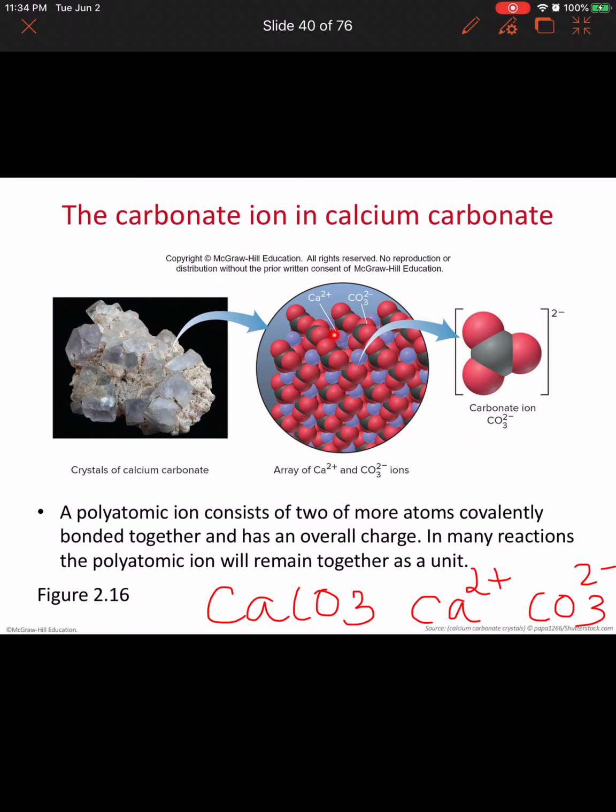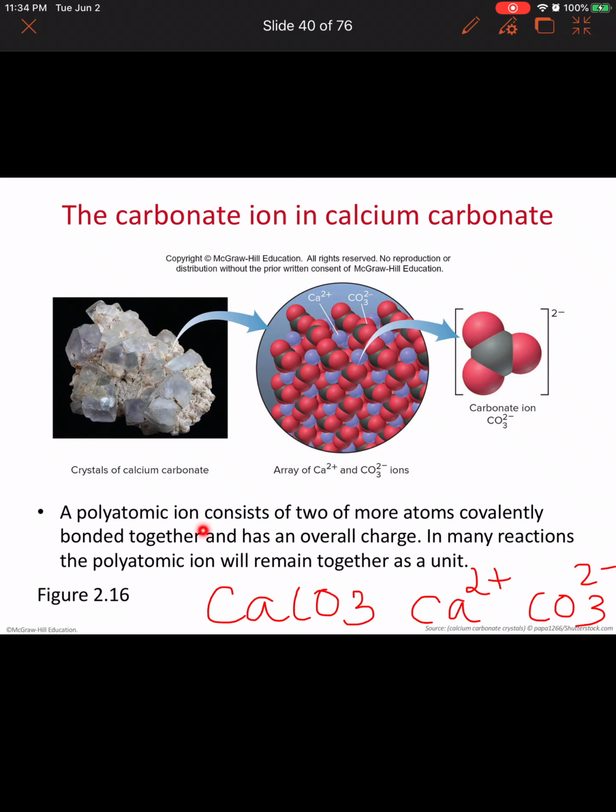These blue ones are calcium and carbonate. This is carbon and 3 oxygen. They are going to work as 2 units, calcium ion and carbonate. And the carbonate, carbon and oxygen, doesn't break into individual carbon atoms and oxygen. They're going to remain as a carbonate ion. We call it a polyatomic ion. And this is the carbonate ion.